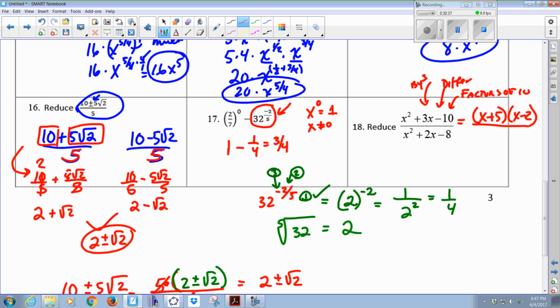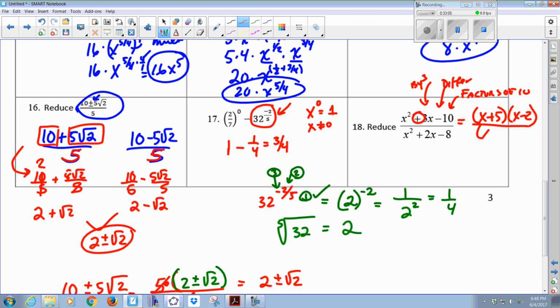I chose to put the plus with the 5 because I noticed that when I do my distributive property here and I add my middle and outer term here, I end up with positive 3x. If you happen to put x plus 2 and x minus 5, you can check it really quickly with multiplication, and you would get negative 3x in the middle. So all you have to do is just switch spots. Now the bottom says factors of 8 that differ by 2.